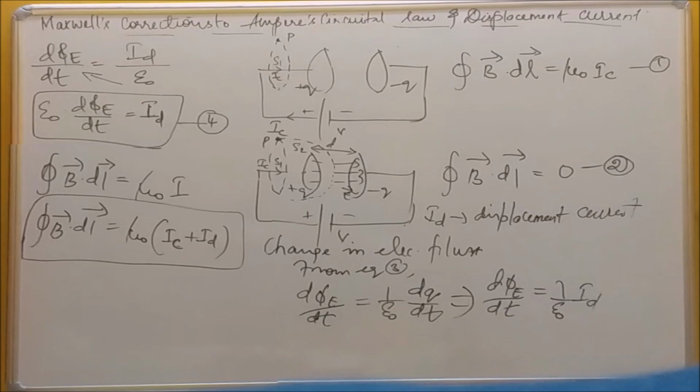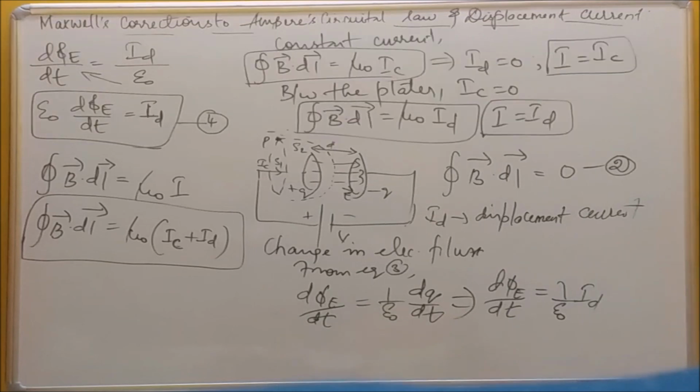Suppose a constant current is applied between the capacitor plates. Once a constant current is applied, automatically the displacement current becomes 0. For the constant current, the equation is closed integral of B vector dot dl vector equals mu naught into IC. At that time ID equals 0, right? So in between the plates, IC equals 0.